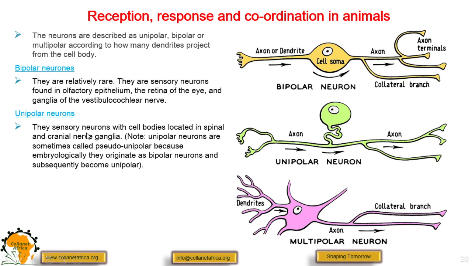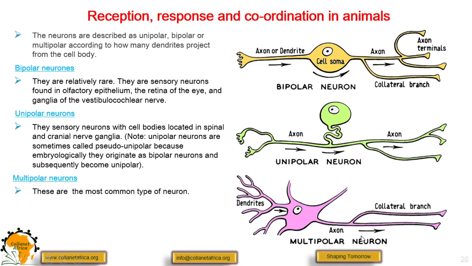Unipolar neurons are sensory neurons with the cell bodies located in the spinal and cranial nerves. They are also called pseudopolar because originally they come as bipolar neurons, and then after that they become unipolar neurons. So they come as bipolar and then develop into unipolar neurons.